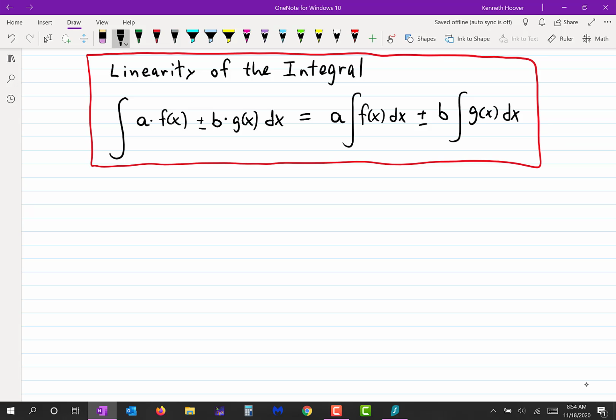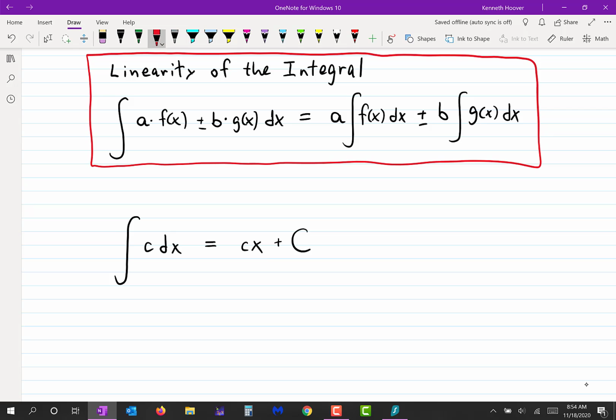Okay, something else to cover. The integral of a constant is always going to equal that constant times x plus capital C. Let's not forget that.